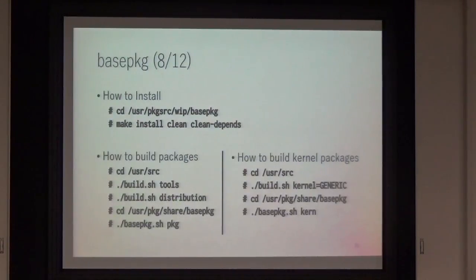Base package requires the latest pkg_install, so we recommend the use of pkgsrc lib to install base package. Base package requires the built NetBSD base system. Firstly, prepare the NetBSD binary.